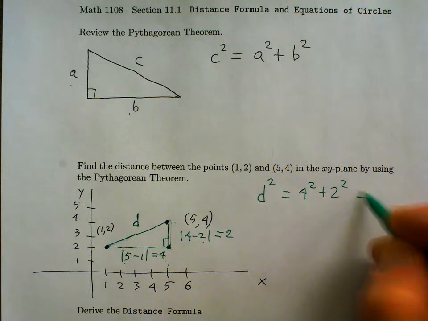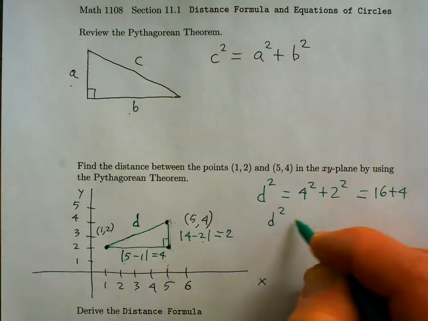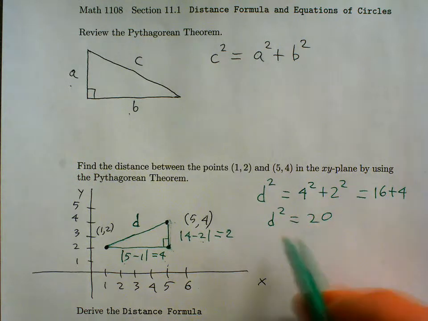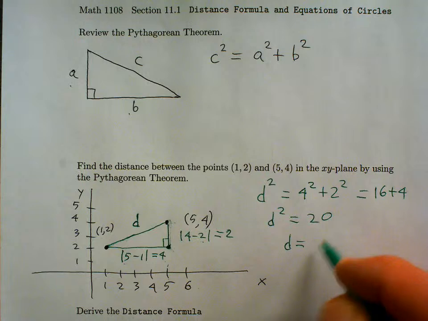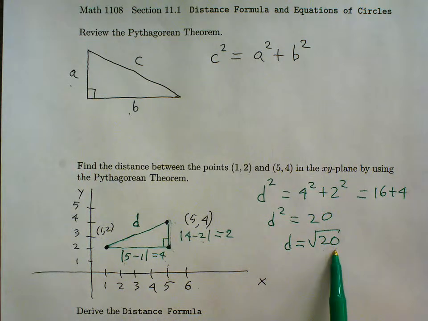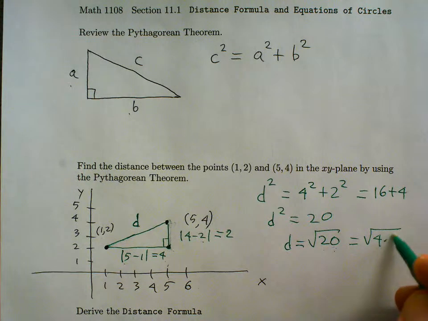Then we do the arithmetic. 4 squared plus 2 squared is 16 plus 4. So the distance squared is 20. And then to find the distance, we just take the positive square root of 20. And then simplify square roots whenever possible. The square root of 20 is the same as the square root of 4 times 5.